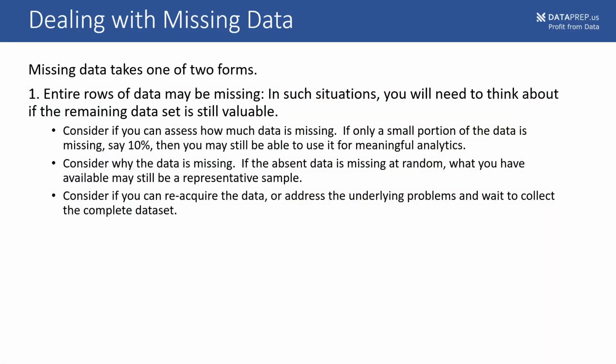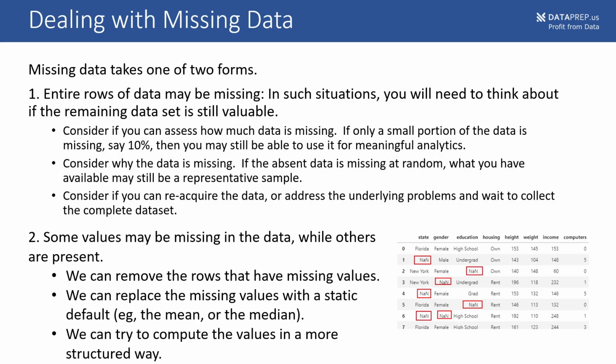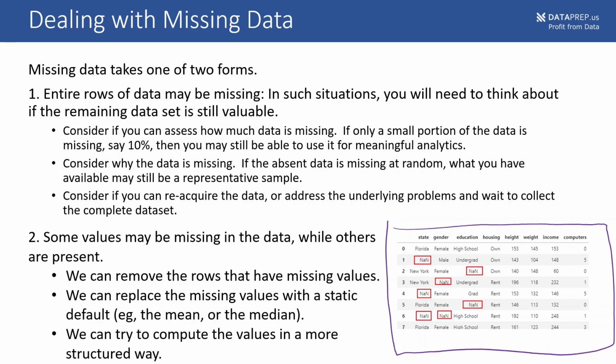As I described, when you have entire rows of data missing, you have to think about how you will use the rest of the data set. And it is possible that the rest of the data may not be usable unless that problem is addressed. And the second situation is, consider this randomly generated data set, and the red items are the missing values.